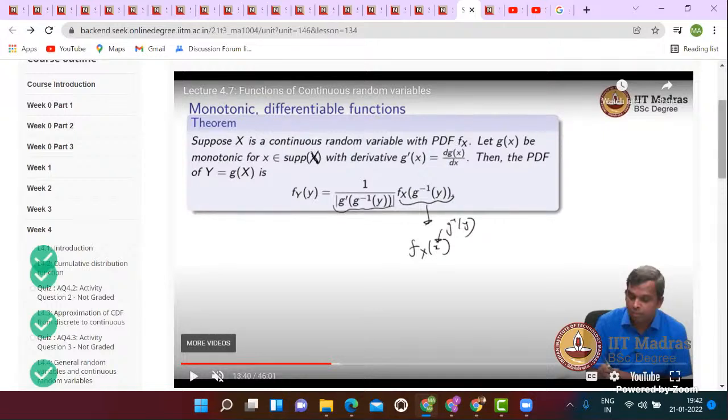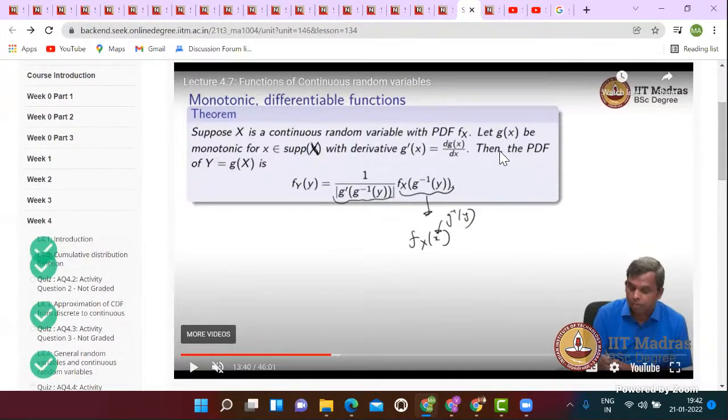That is the only one condition. If that g x is monotonic, we can directly apply this formula. Other than that, an equation like mod x is not always monotonic, because mod x also goes from minus infinity to 0 and then from 0 to infinity.